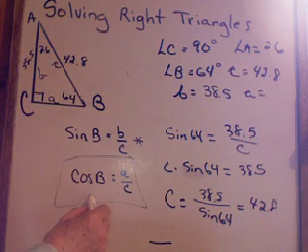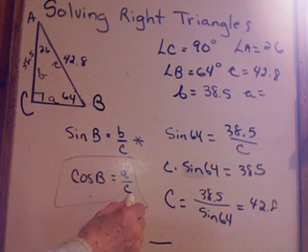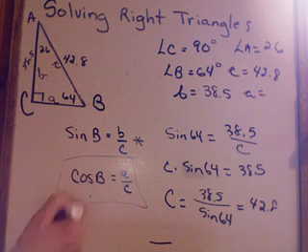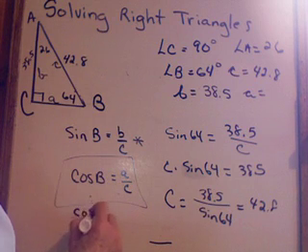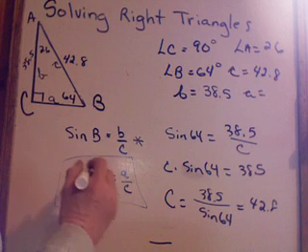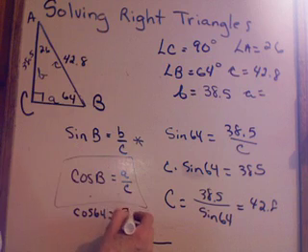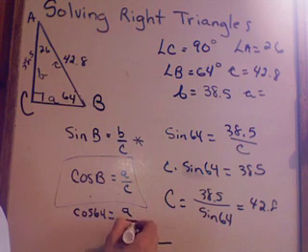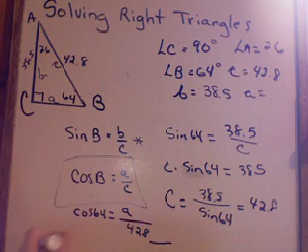I could say cosine of 64 equals A over C and just plug in the numbers that I have, right? So cosine 64 equals A over, did we figure out A? Nope. But we figured out C, 42.8.